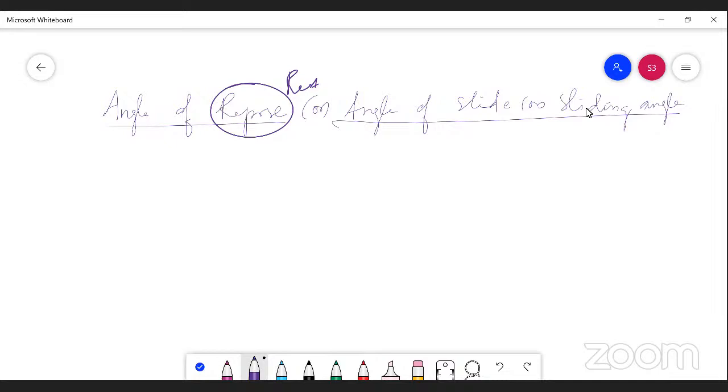So, consider an inclined surface or an inclined plane, which is making an angle theta with the horizontal. You can see a diagram over here.